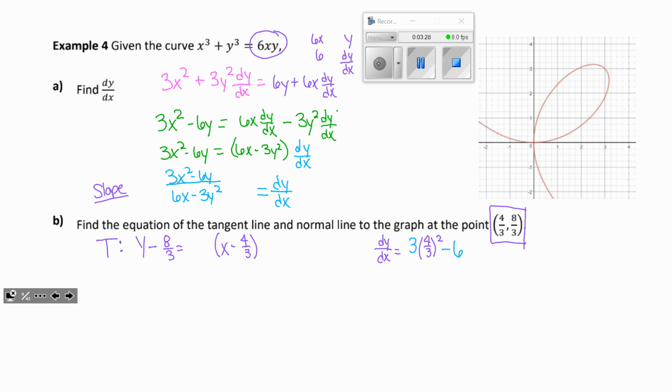And now I got to plug in y, which was 8/3. And then the denominator is 6, the x value again was 4/3, and I have minus 3, and the y value again was 8/3.